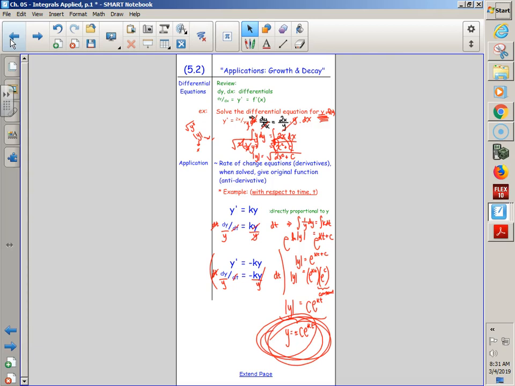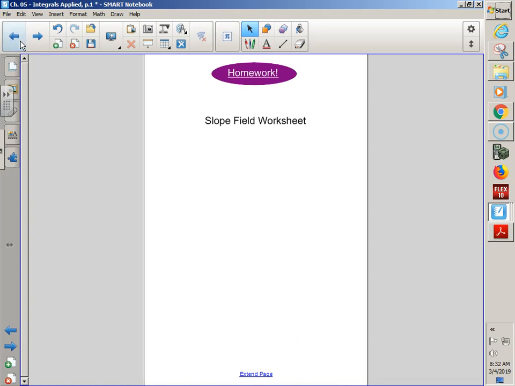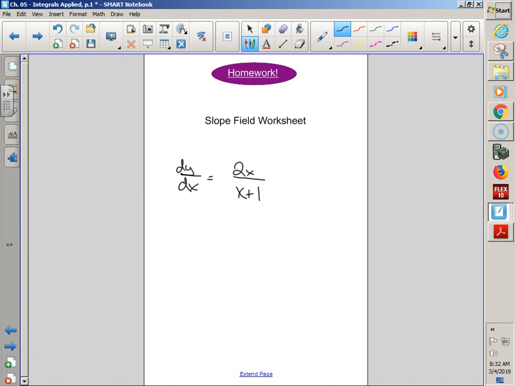All of those ones in 5.1 were in terms of x. All of those differential equations were in terms of x. And so in 5.1 homework, they could have given you something like dy dx is equal to 2x all over x plus 1. I think you guys had one with an e to the x or something like that.